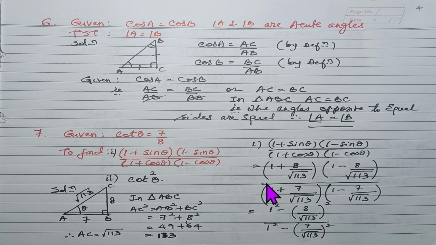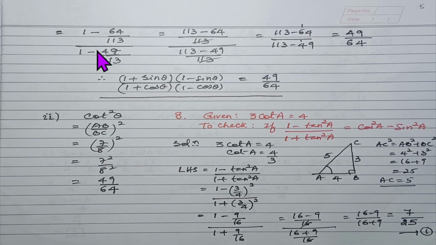Now simplifying, it becomes a very simple arithmetical calculation: (A plus B)(A minus B) becomes A square minus B square. So 1 square minus (8 by root of 113) whole squared, and 1 square minus (7 by root of 113) whole squared. Further simplification gives us 1 minus 64 by 113, 1 minus 49 by 113. Take LCM. So 113 minus 64 by 113, 113 minus 49 by 113.